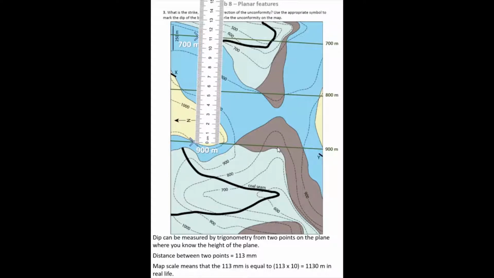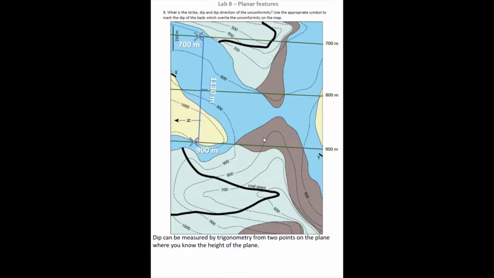If 1 millimeter is equal to 10 meters, we multiply 113 by 10, and it tells us that distance is 1,130 meters in real life. So now we've got our 2 points along the plane, and we know the height change is 200 meters between those points, and that this height change occurs over 1,130 meters of horizontal distance.